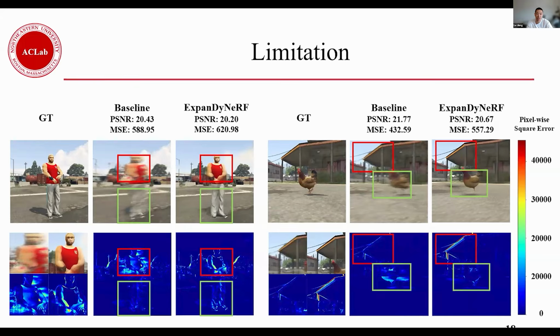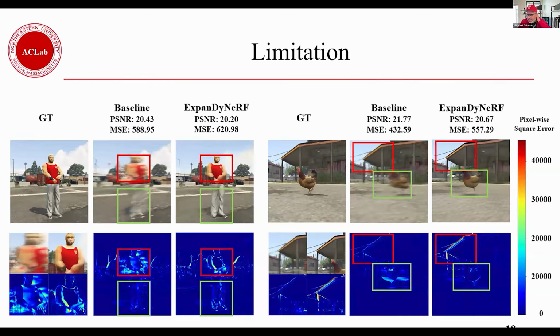However, we don't know what is true on the occluded side. So it's really hard, and that part is totally hallucinated. I think it's a really good direction for further research.